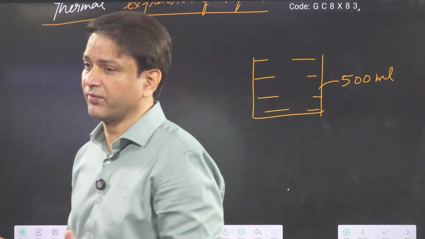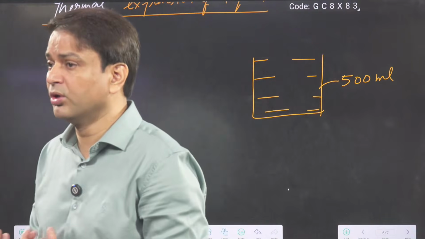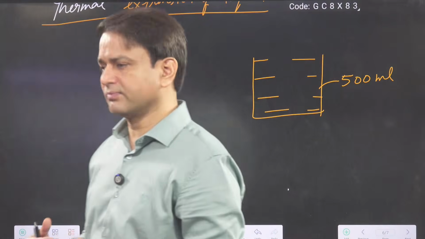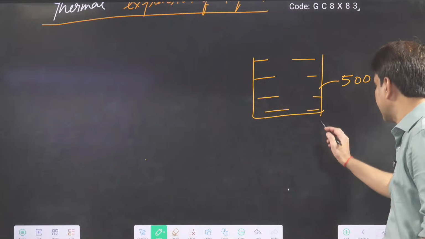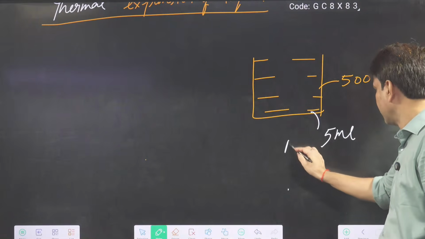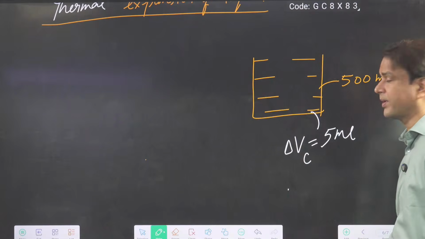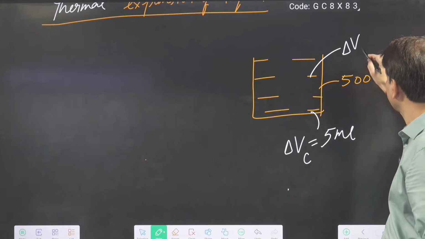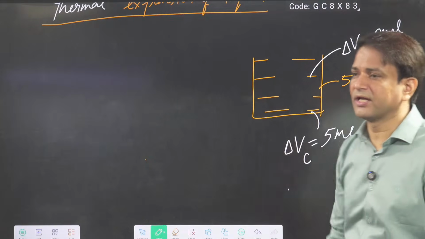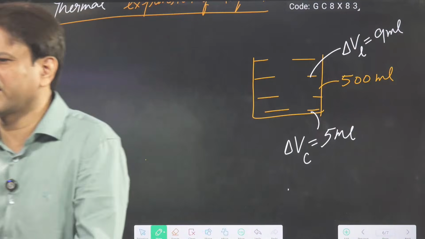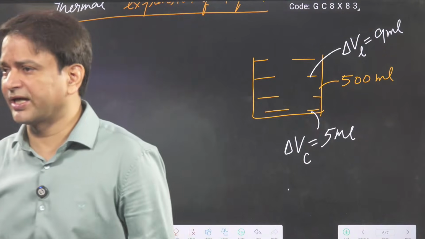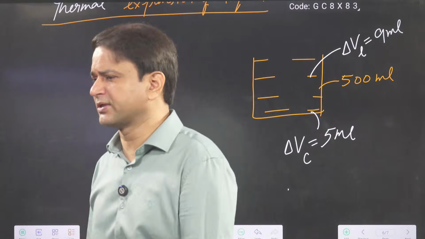It will have a different value of alpha, beta, gamma. The liquid will also expand. Suppose the container expands by 5 ml and the liquid expands by 9 ml. The container is solid, so generally the container expands less, the liquid expands more.